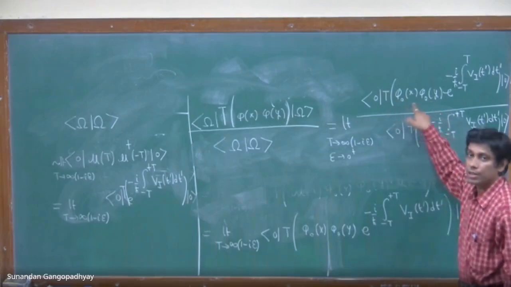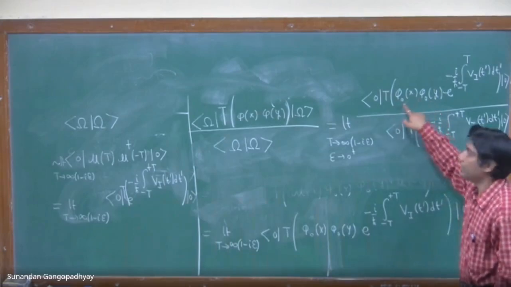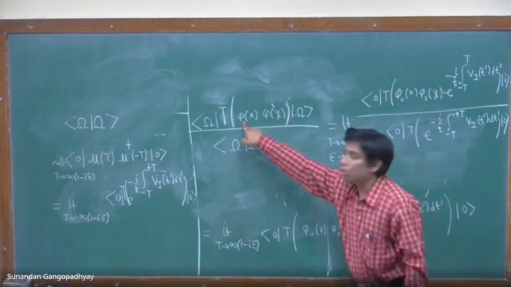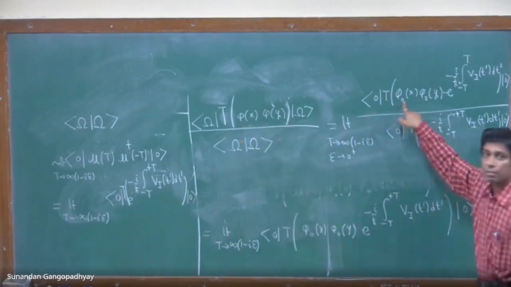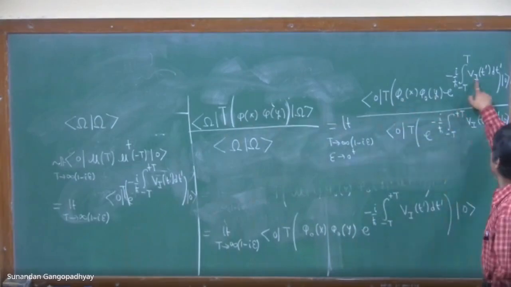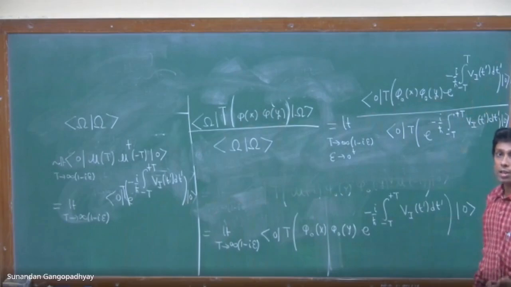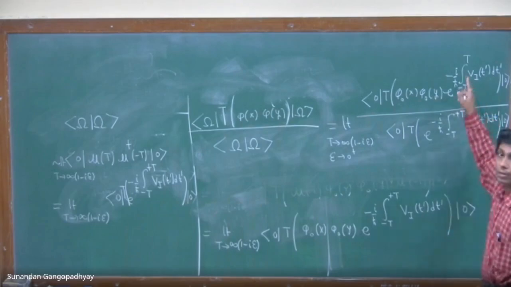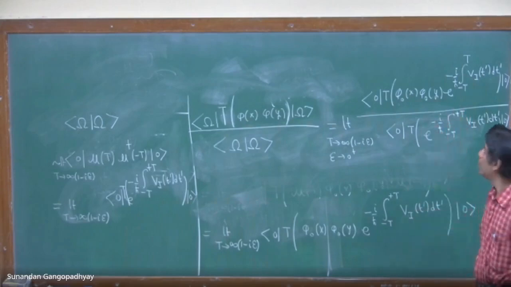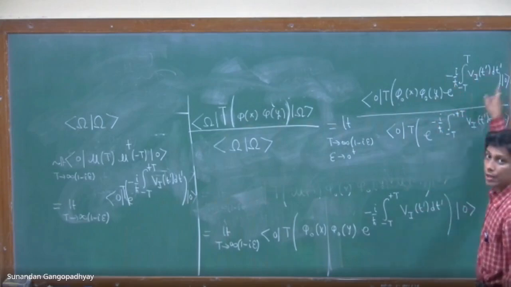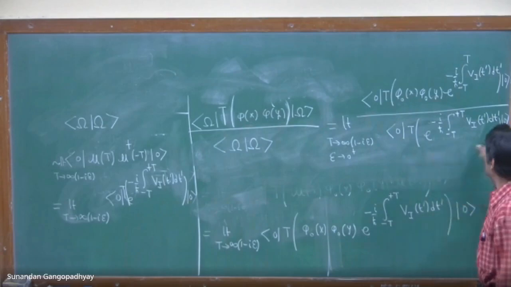The normal mode expansions are valid for this. For this, the normal mode expansions are not valid. But for this, the normal mode expansions are valid. You know this part because this is also the interaction in the interaction picture, which means that it basically evolves via the free part of the Hamiltonian. So you know what this is, you can calculate this, and you know also what the denominator is.